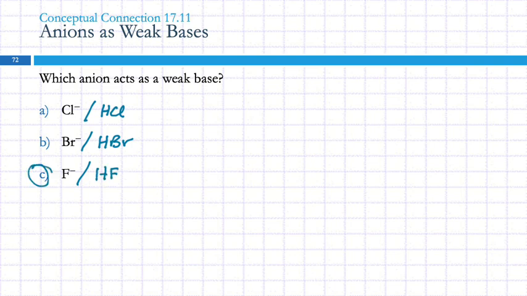So the answer is going to be C. It has to be a weak acid, because if it's a strong acid, it only goes one direction, it never goes the other direction. So this doesn't get a chance to show that it can be a base. So this solution will be basic, or that anion acts as a weak base. Any questions?